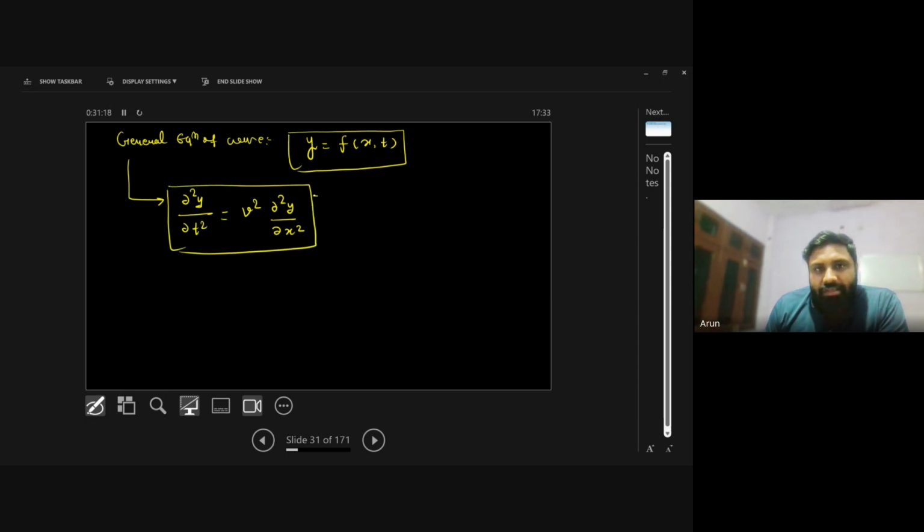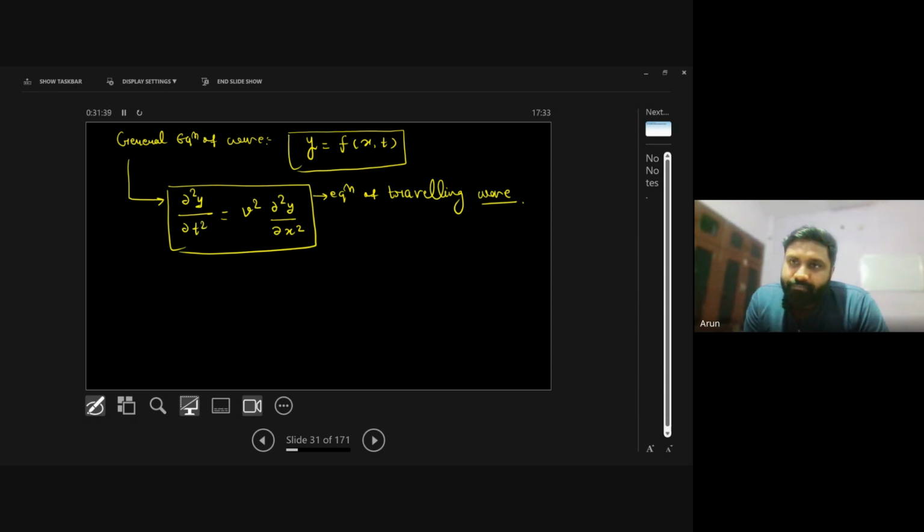So this is the equation of a traveling wave. If any function y, which is in x and t, satisfies this condition, that should be a wave. Okay, got it? So we will check it.